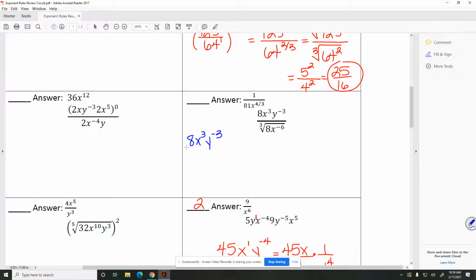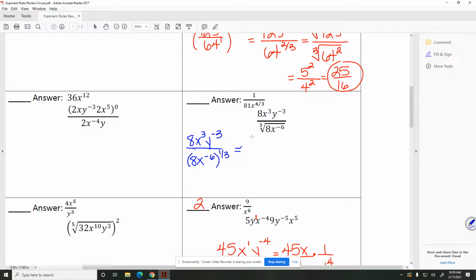So I'm going to write this like the cube root of 8 would be 8 to the 1/3 power. And then x, actually, let me write this in parentheses. So let's just take everything inside of the radical and put that in parentheses. So 8x to the -6. And let's put the 1/3 power out here to represent the cube root.